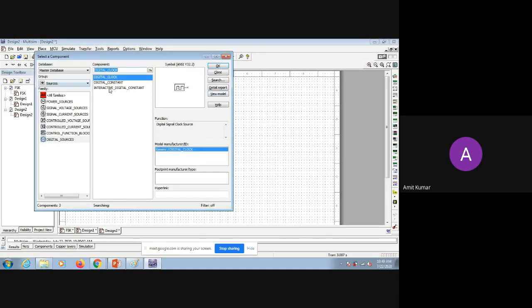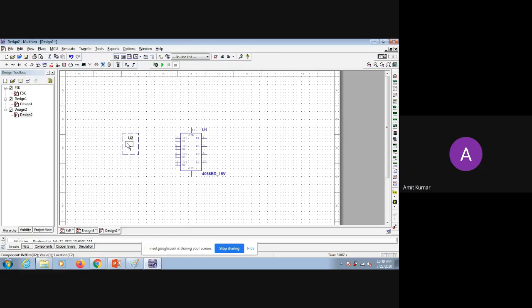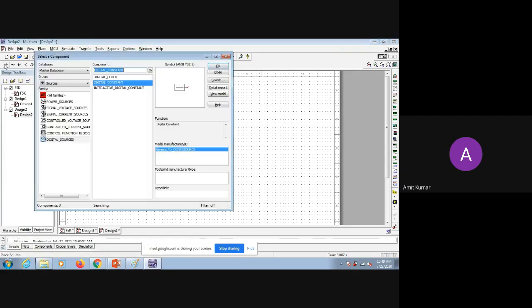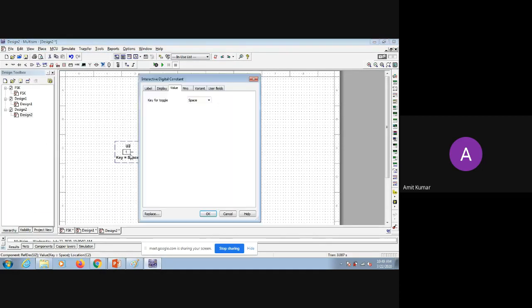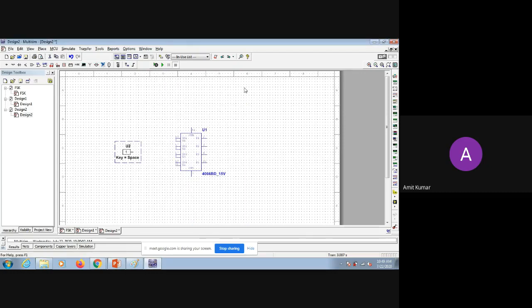Now I will take a digital constant here. Sorry, an interactive constant we will take, and we will take an analog signal here.